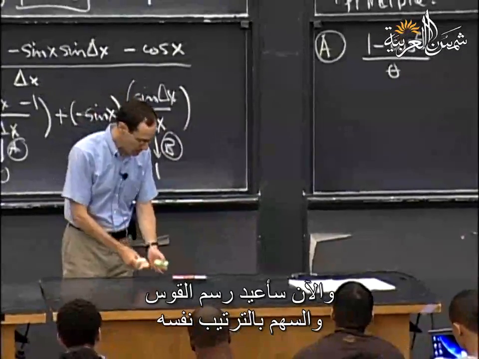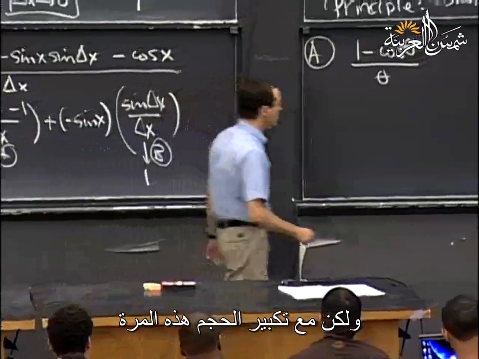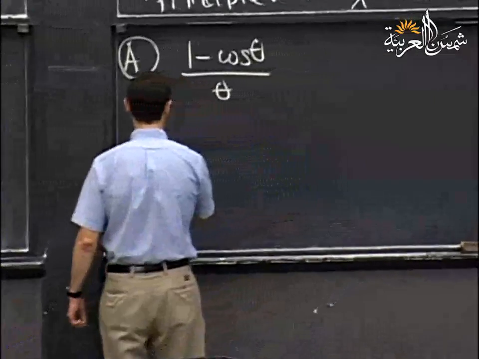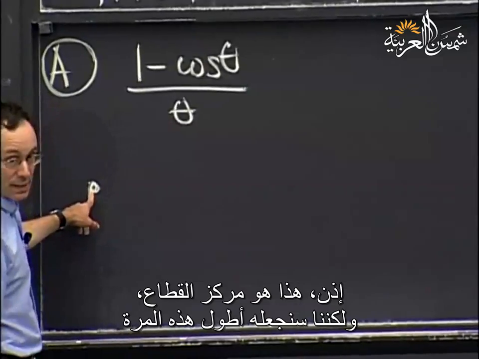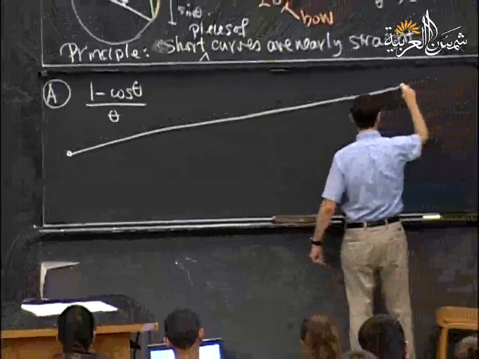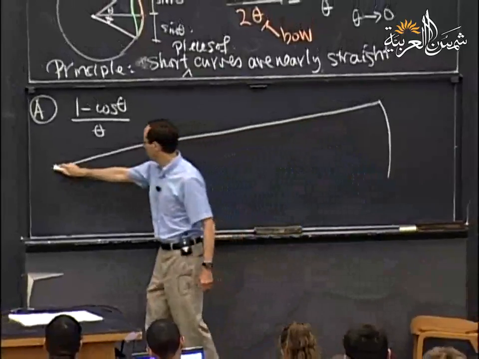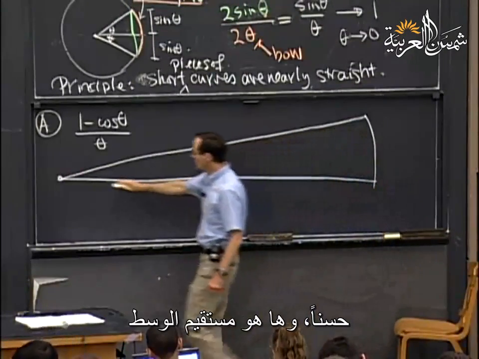Now, this time, I'm going to draw the same sort of bow and arrow arrangement, but maybe I'll exaggerate it a little bit. So here's the vertex of the sector, but we'll maybe make it a little longer. All right, so here it is.